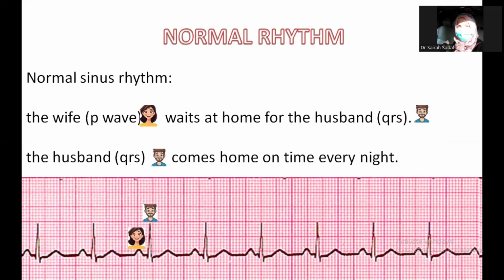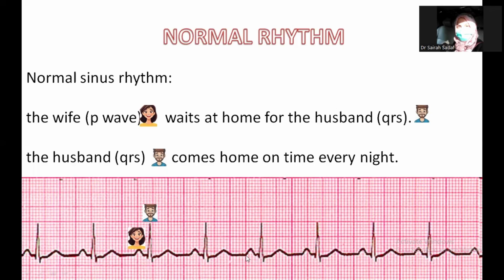In the normal sinus rhythm, the wife, the P wave, waits at home for the husband, the QRS complex, and the husband comes home on time every night. So this is a normal sinus rhythm. This is the wife, P wave, and this is the QRS complex. As you can see, the PR interval is fixed.